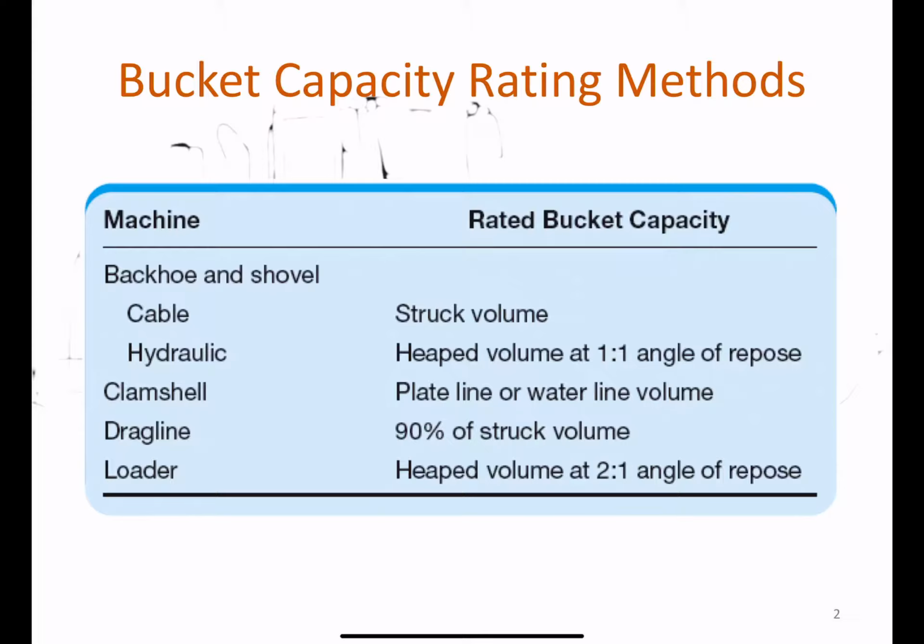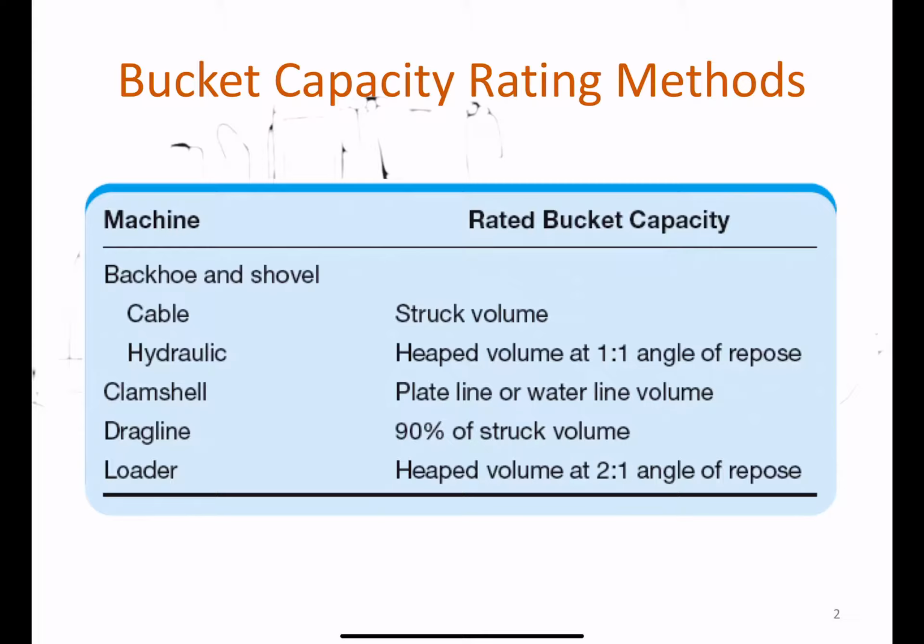If we use cable, then we use the struck volume for the rated bucket capacity. If we use hydraulics, which we normally use in our construction today, that we use heap volume at the 1 angle of repose. So it means horizontal 1 and vertical 1. And then the clamshell, like I say, uses plate-line or water-line volume.